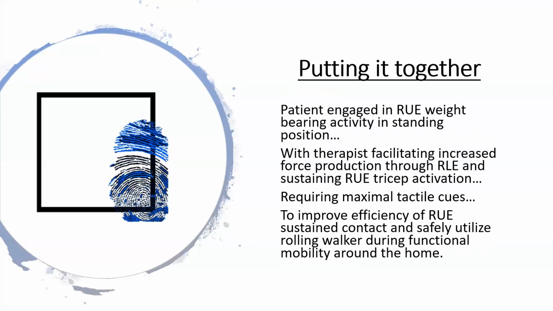The key word here being safely. Insurance is always looking for safety, they're always looking for increased independence, and they're always looking for us to decrease caregiver burden. So as long as we have one of those three things in there, it's going to be hard to deny when you ask for an extension or more time, because you're continually showing that you're working towards these things. And I'll go into that a little bit later as well.